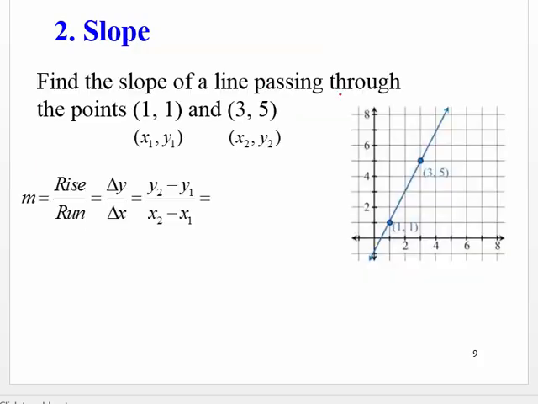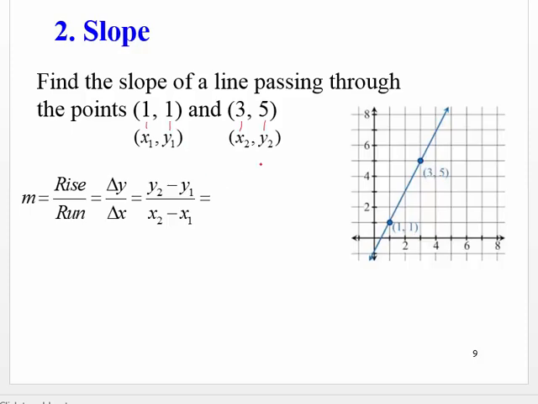Find the slope of a line passing through the points (1, 1) and (3, 5). Okay, positive slope. Again, slope is equal to rise over run. We can use y2 minus y1 over x2 minus x1. This is our second point, so that's y2, that's x2, y1, and x1.